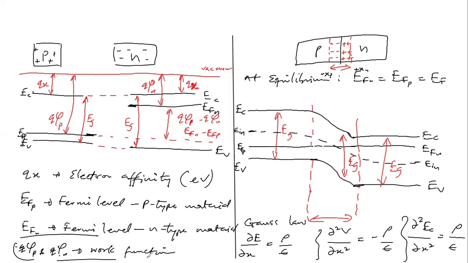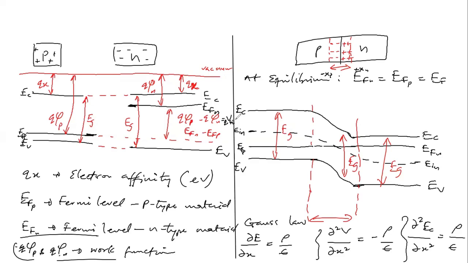So we already know that this difference is the same as V times the charge, which is the built-in potential, the barrier potential.